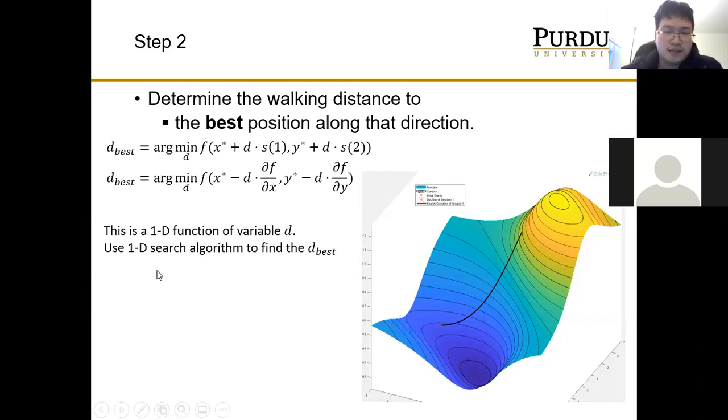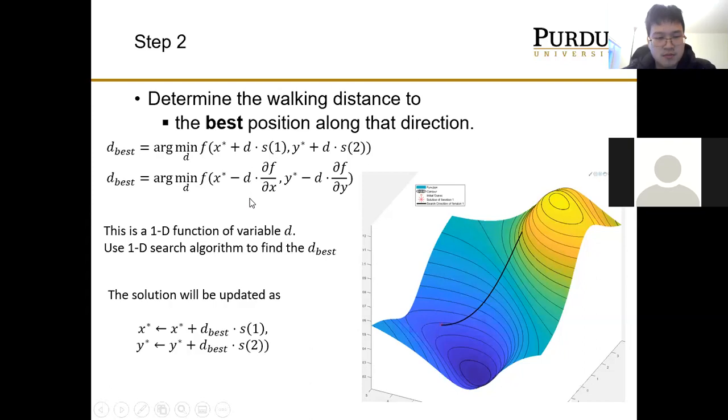After we figure out the D best, our job is pretty much done. We just have one final update. Using the D best, our previous X star is updated as X star plus the D best, which is this point.